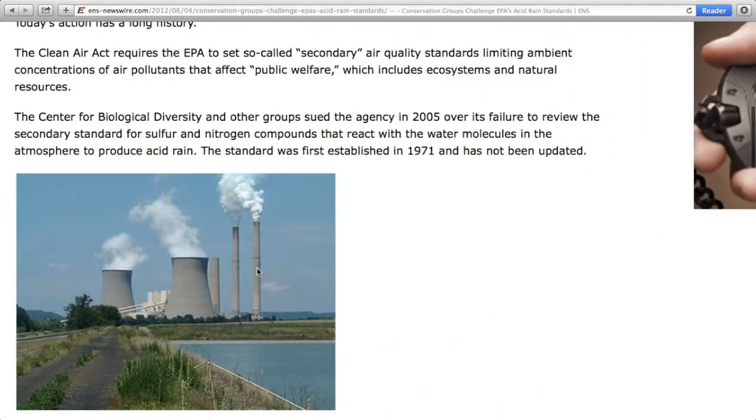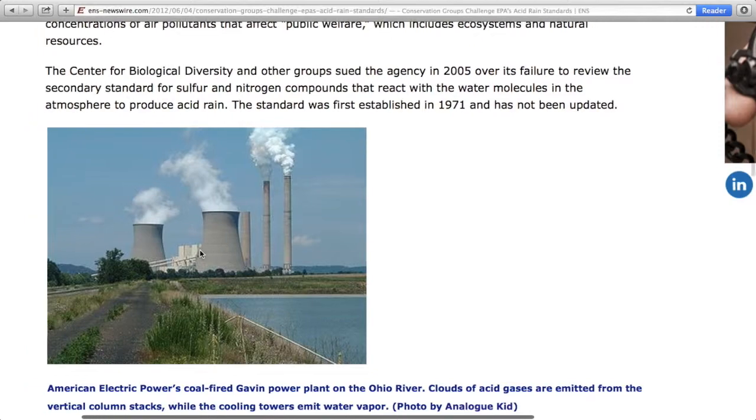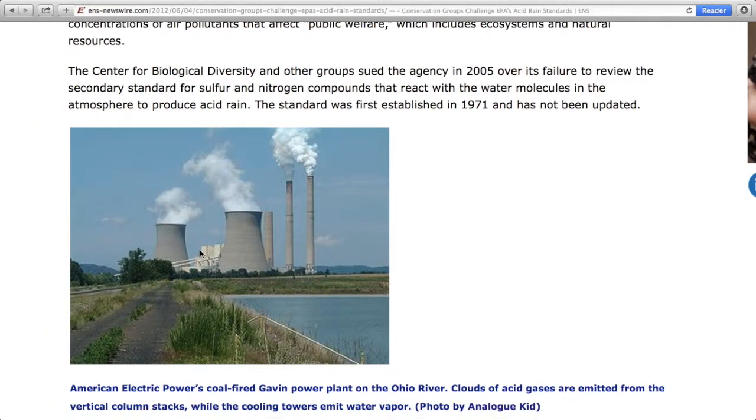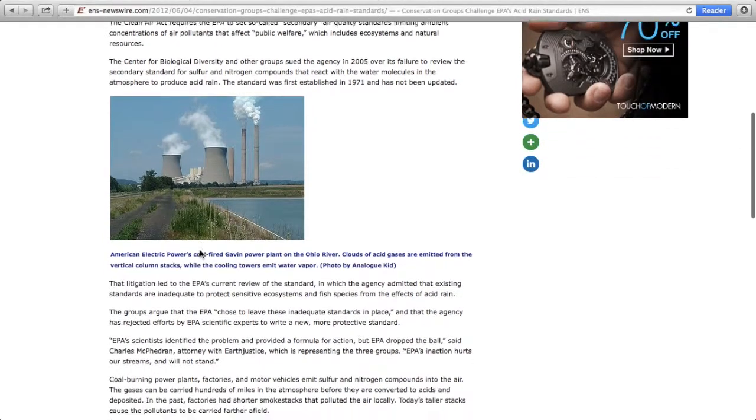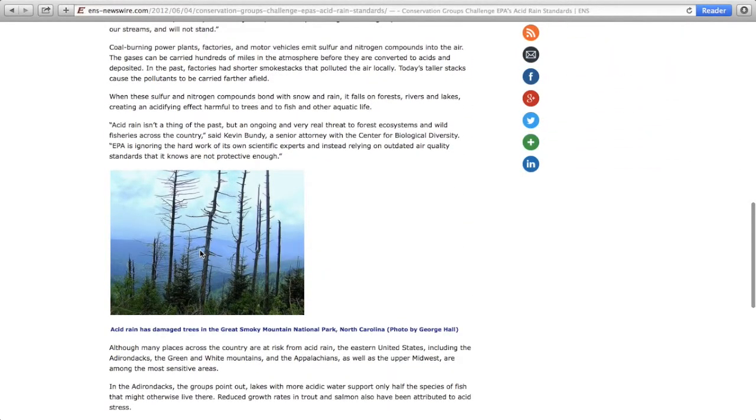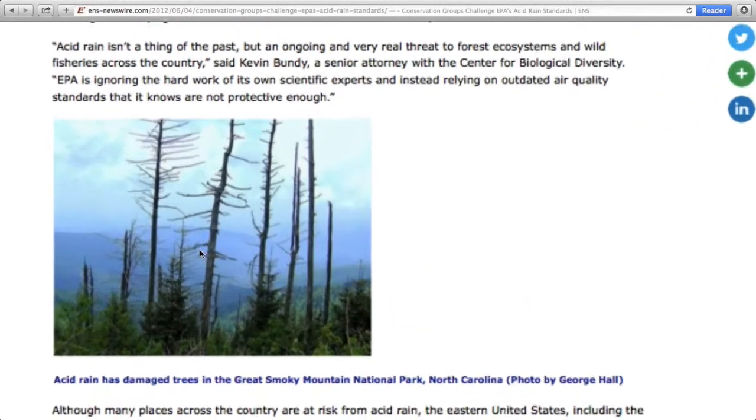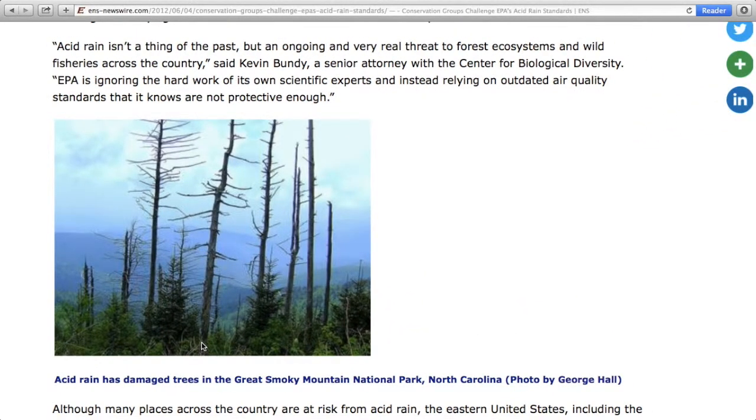As you can see right here, it gives you a prime example of maybe a power plant you see around your town. But now look down below. It's cited right here: acid rain has damaged trees in the Great Smoky Mountain National Park in North Carolina.